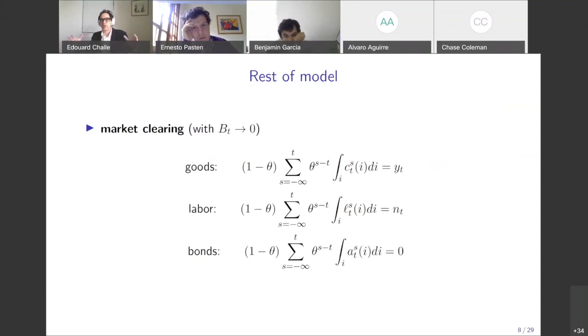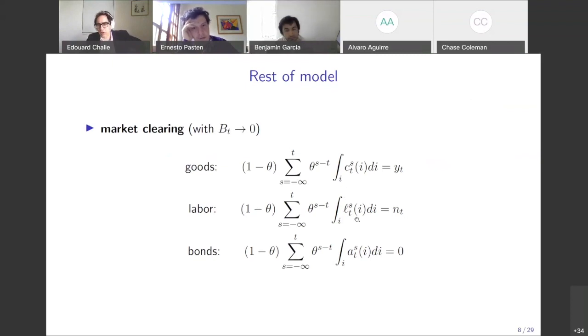Because there is some probability of death, cohorts gradually shrink in size. There are fewer and fewer people within each cohort. But eventually the consumption of everyone within and across cohorts has to be equal to net income Y. You can make the same reasoning for labor.